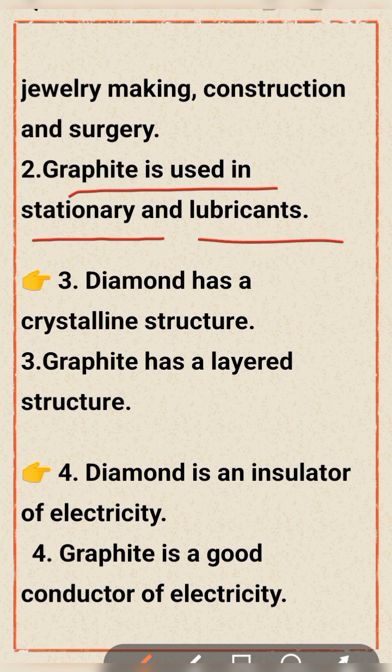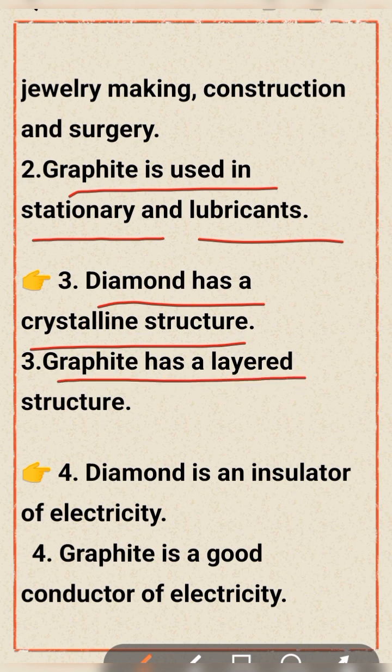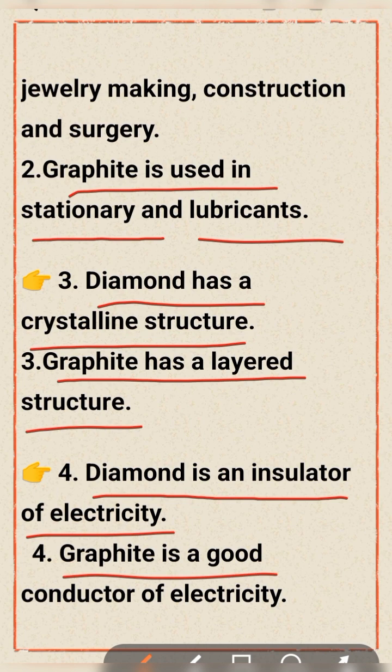Third point: diamond has a crystalline structure, but graphite has a layered structure. Fourth point: diamond is an insulator of electricity, but graphite is a good conductor of electricity.